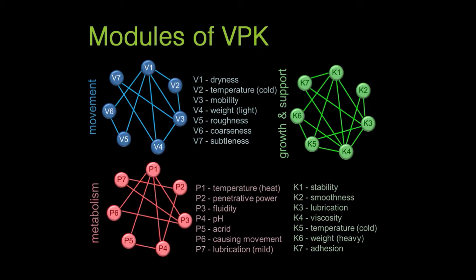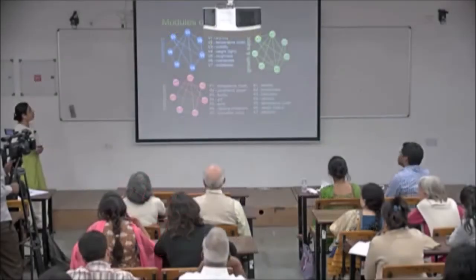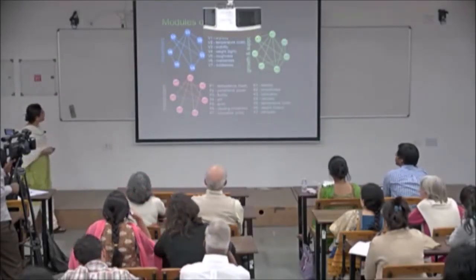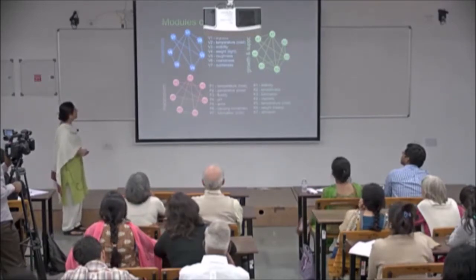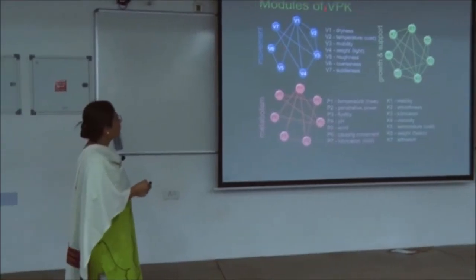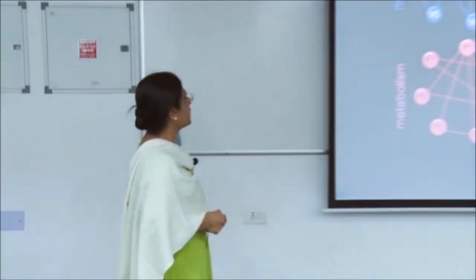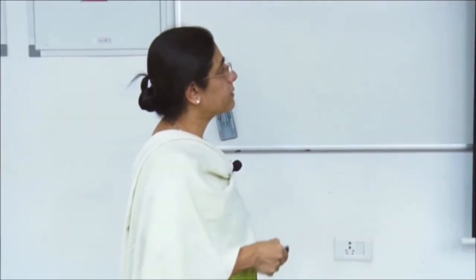Ayurveda doesn't talk about this network, but when you understand Ayurveda, especially from the clinics, you know that they are talking about a network of parameters. So I have shown the parameters under Vata, Pitta and Kapha as a network. Each of these functions, movement, transformation and growth, can be represented as a network module.